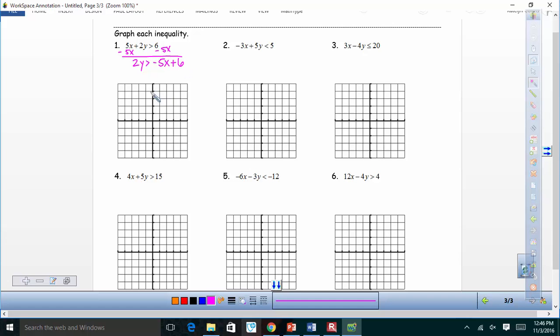Then if we want y by itself, what would we do next? We would divide by 2. And so that would give me y is greater than negative 5 over 2x, because that doesn't divide evenly, and then plus 3.